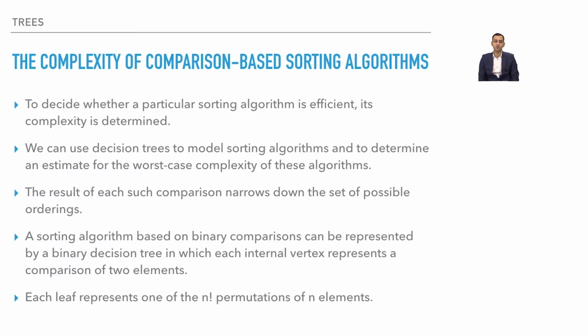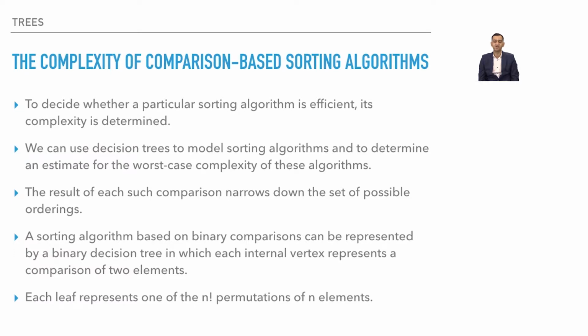The sorting algorithms studied in this class, and most commonly used sorting algorithms, are based on binary comparisons, that is, the comparison of 2 elements at a time. The result of each such comparison narrows down the set of possible orderings. Thus, a sorting algorithm based on binary comparisons can be represented by a binary decision tree in which each internal vertex represents a comparison of 2 elements.